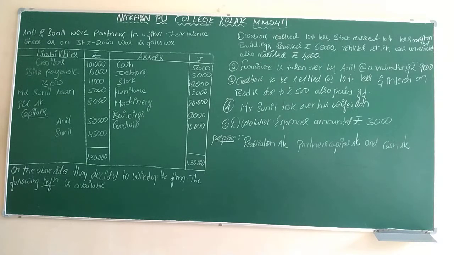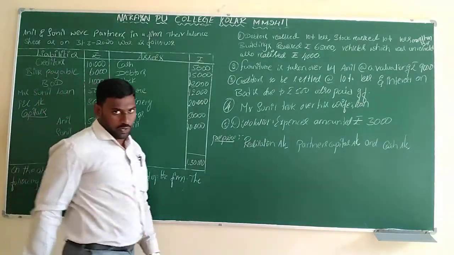We have to classify what information is given. Anil and Sunil, 2 members, are the partners in a firm. Their balance sheet as on 31st March 2020 was as follows.